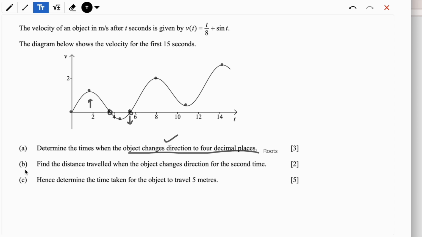Good. Now B part, find the distance traveled when the object changes direction for the second time. So first time it changes here and second time it changes here. But they say find the distance traveled.